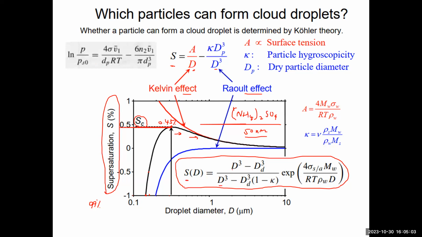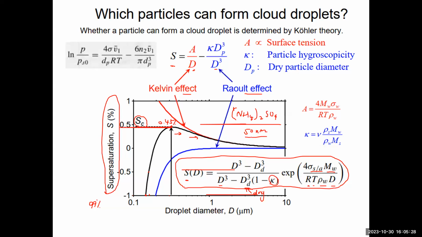The D here is the droplet size. The DD is not droplet size, it's the dry particle size, or the initial particle size, where kappa is the hygroscopicity of the particles. Sigma is the surface tension, then the molecular weight of water, density of water, droplet size, gas constant, and temperature.